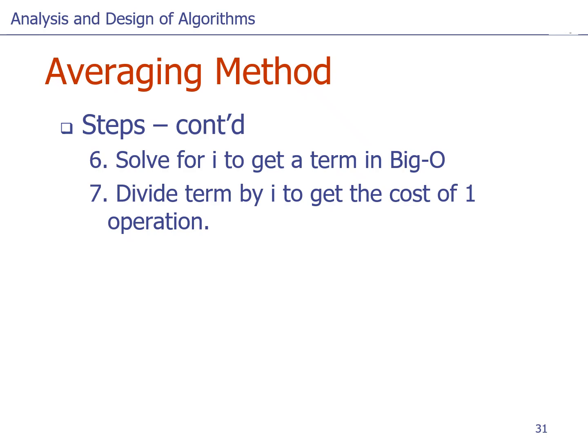Now this next step is going to be straightforward. I will solve in terms of I. In other words, I will say that my big O is an order of I, not order of n, not order of the size of the input, it's order of I. I will basically develop a term in terms of I. So what I will have is the big O of some function of I. It could be like O of I squared, or O of log I, or O of I to the 3 plus I to the 2, whatever.